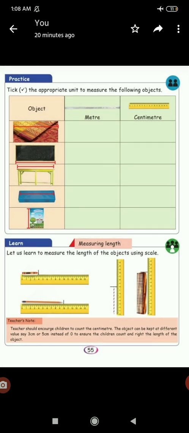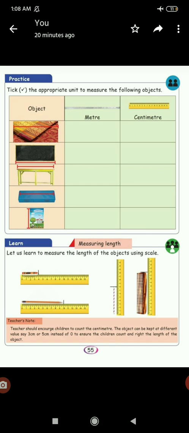See page number 55. You can see the centimeter is your short scale, isn't it? It is the short scale in your geometry box.